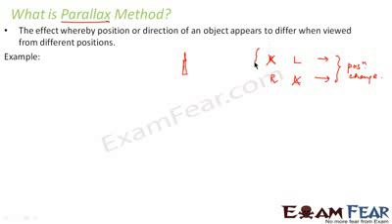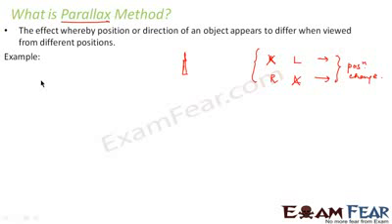Just try this as I keep saying. Close your right eye. Try to view an object which is at some distance from where you are. Then view the same object closing your left eye, and you would see that there is a slight change in the position of the object which you are viewing. Why did this happen? This is because you observed the same object from two different positions.